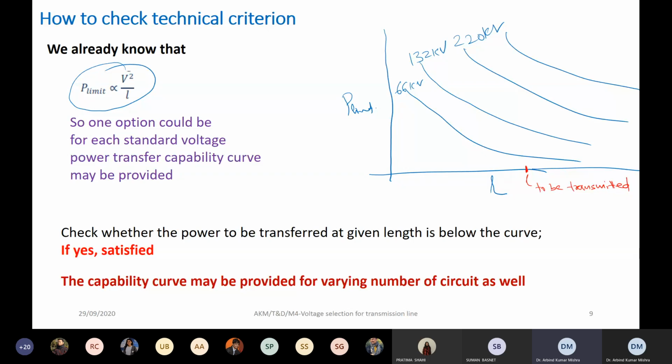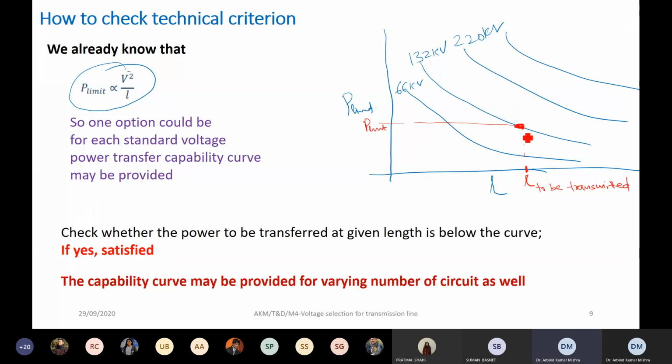And you also know the power to be transmitted. Now, suppose you have chosen 132 kV. So for 132 kV and for this L, this is the limiting power, P limit.